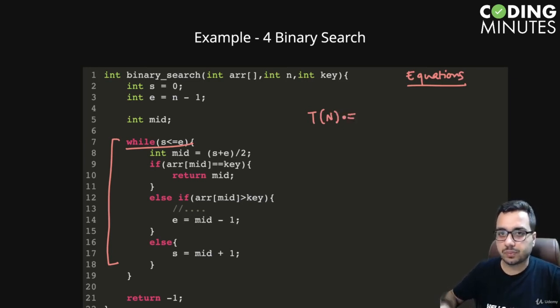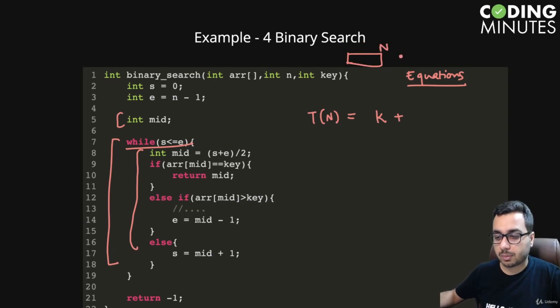To do binary search, I find the midpoint and do some comparisons, and everything that takes a constant time k. Then I reduce my problem from size n to size n by 2. So the time taken is k plus t of n by 2.